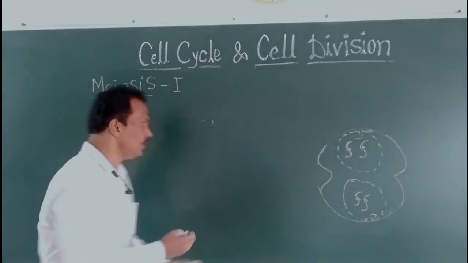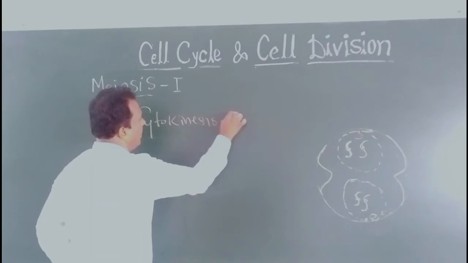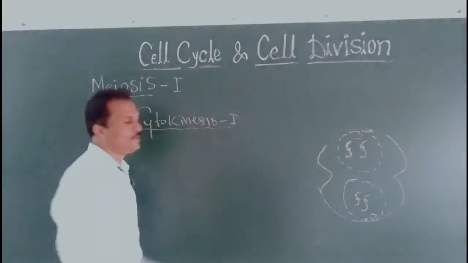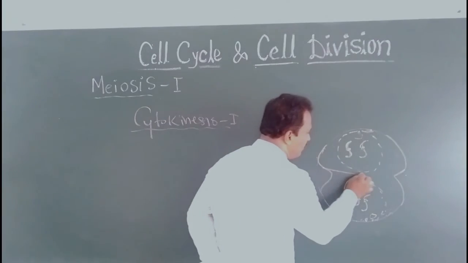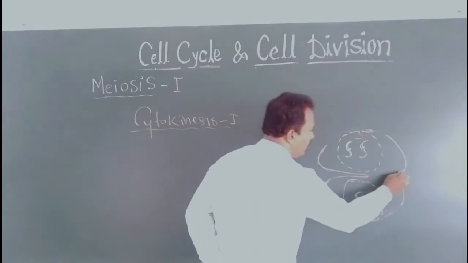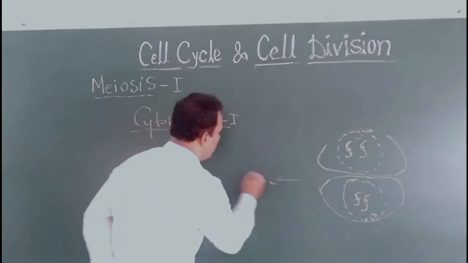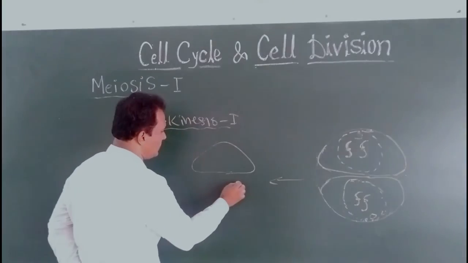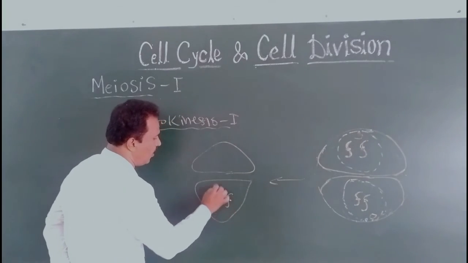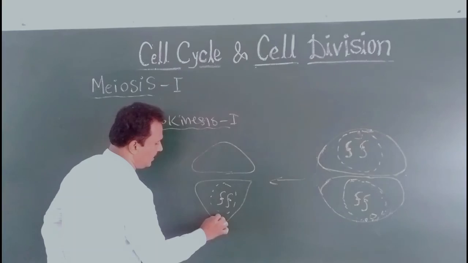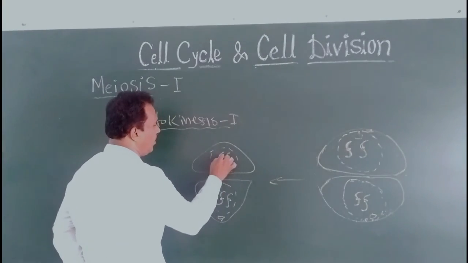After karyokinesis comes cytokinesis 1. What happens in cytokinesis? The furrow formation has already taken place. This furrow will deepen, and two daughter cells are formed separately.